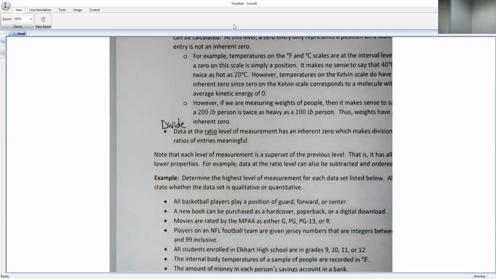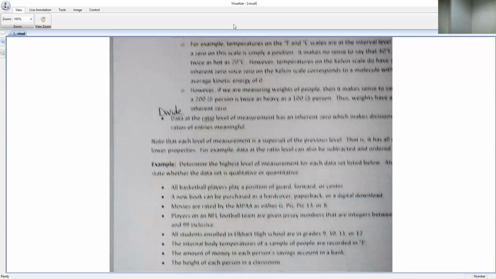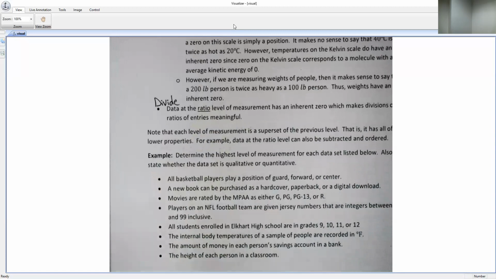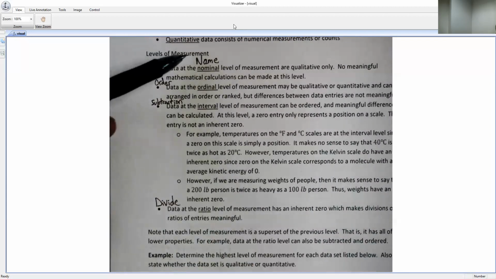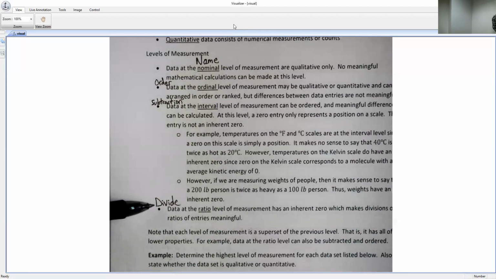Can I divide and have them make sense? Okay, so let's do some examples. We'll talk about each level of measurement, and you might notice that if we go in order here, if I can divide two numbers, let's go this way. If I'm at the ratio level and divisions make sense, then surely I can subtract the numbers, right? Subtractions would make sense. If I can divide numbers, I can subtract numbers.